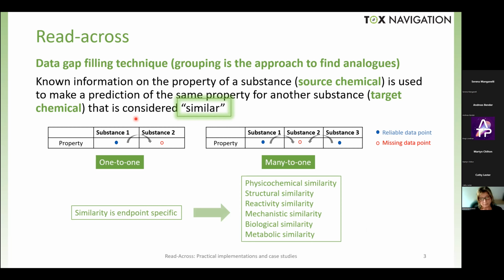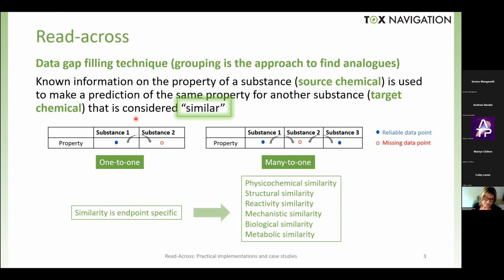According to the property that you are trying to predict, you might weight the different similarities with a higher or lower weight, because it really depends on the endpoint that you want to predict. If you are predicting an in vitro endpoint or an in vivo endpoint, as an example, metabolic similarity might play a less relevant role.